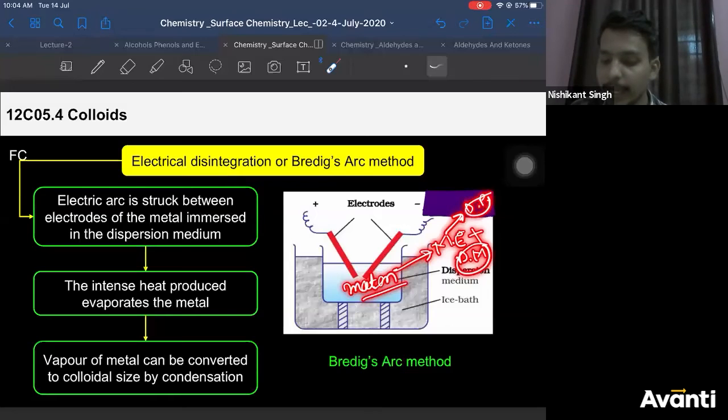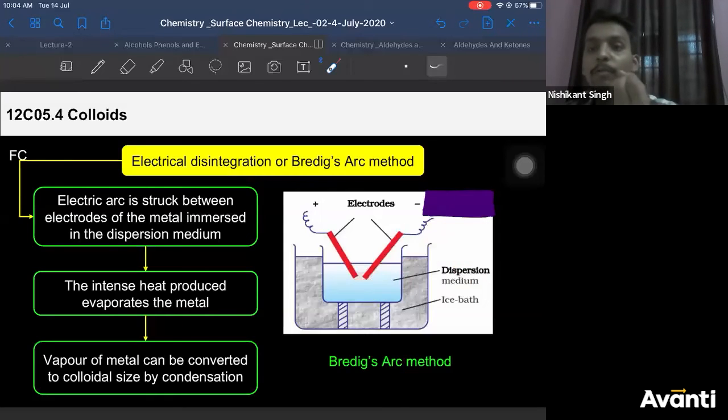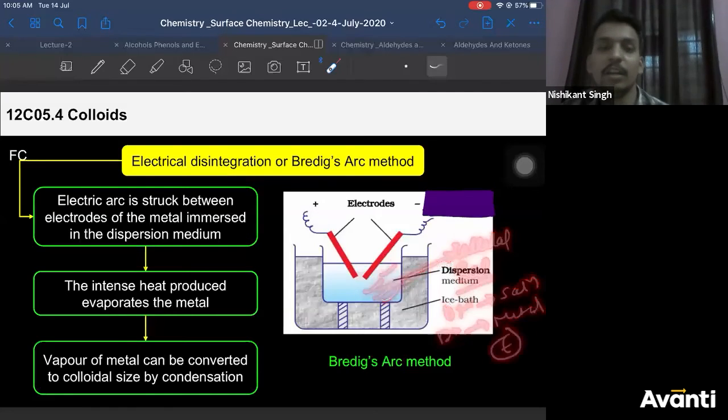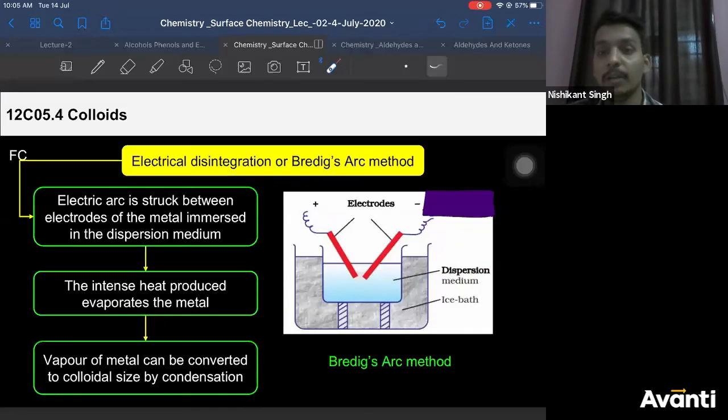When you have kept an ice bath around it, this molten form will solidify due to cooling. And when it solidifies, you will get a colloidal solution, where the dispersion medium will be the solution and the dispersed phase will be your metal electrodes.